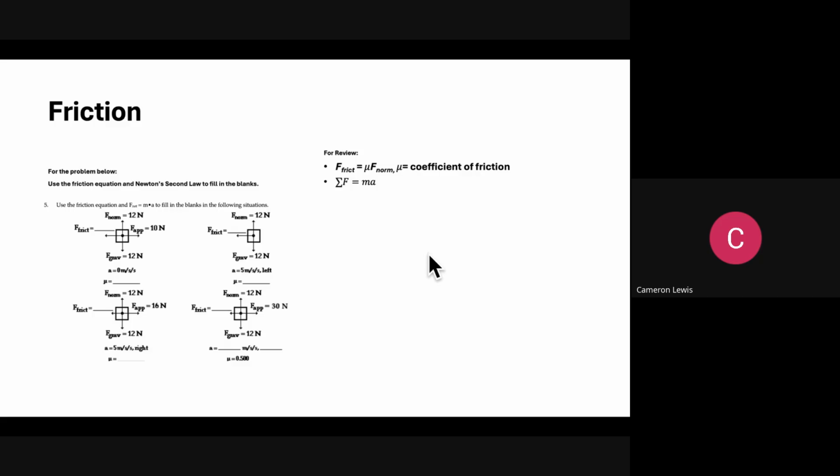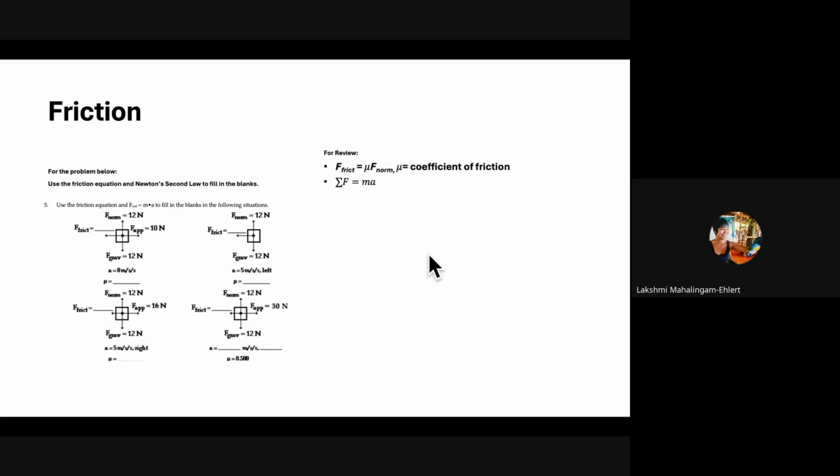We did mass times acceleration, and to find mass, we did force of gravity divided by 9.8, and that was 1.2. So 1.2 times acceleration was 6.